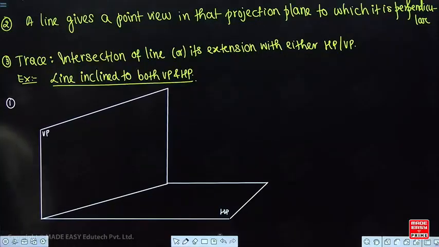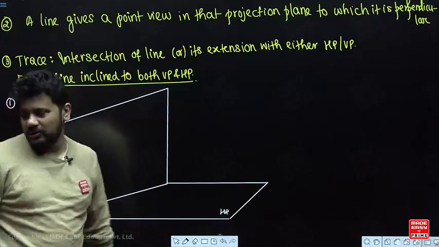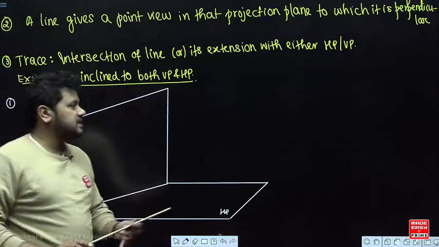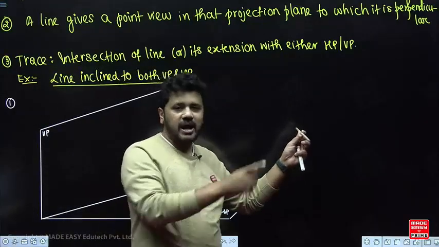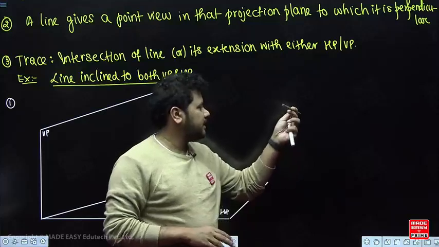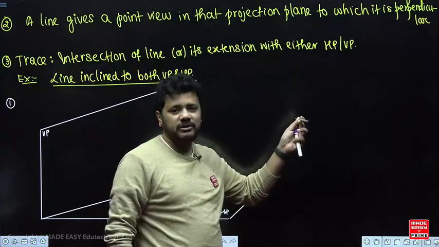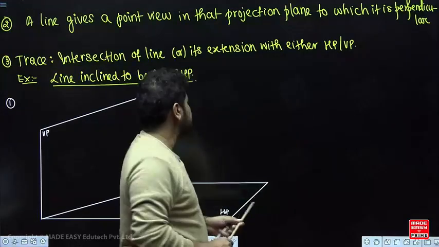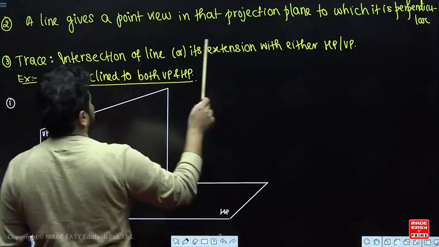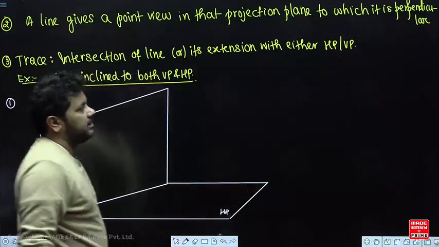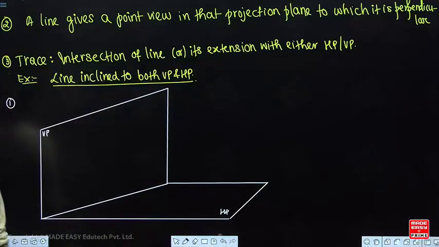Correct. So a line gives a point view in that projection plane to which it is perpendicular, right. तो लाइन जिसके परपेंडिकुलर होगा उसी में आपको पॉइंट नजर आएगा. So the line, अब इसमें देखो लाइन इज परपेंडिकुलर टू वीपी, पॉइंट कहाँ नजर आएगा, वीपी में. So that is what I have written, a line gives a point view in that projection plane to which it is perpendicular. ठीक है, यहाँ तक बना लो फटाफट.